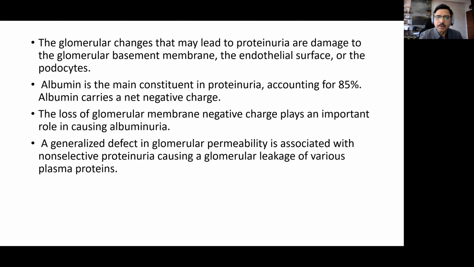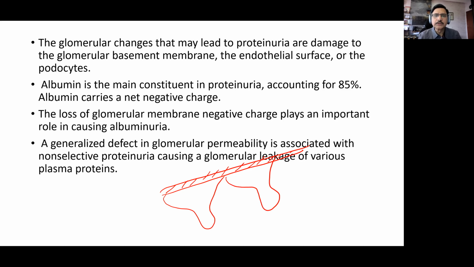That is true. That is what they are explaining, the mechanism. This is the glomerular basement membrane. Below is the endothelial side. You have the so-called podocyte foot processes.